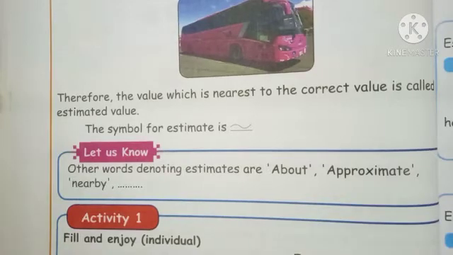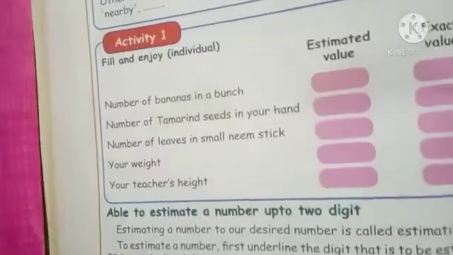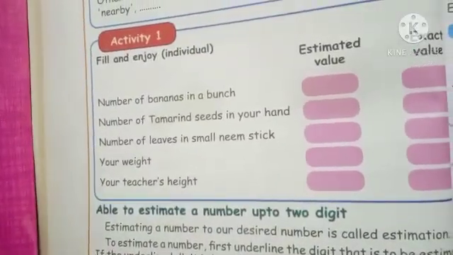Wherever you go, you use numbers like these, the nearest estimations. If you want to buy something that costs 900 rupees, you need to have 1000 rupees to buy it, otherwise it is not possible. Estimation has two methods: tens place estimation and hundreds place estimation.